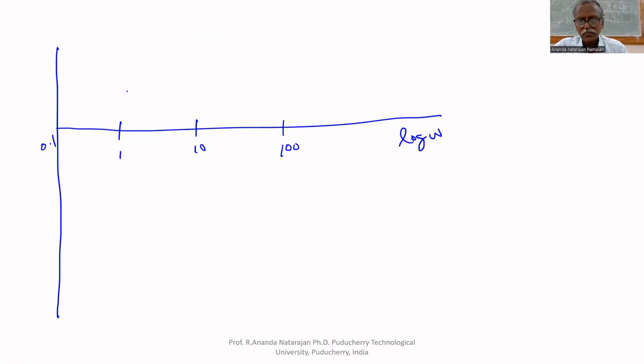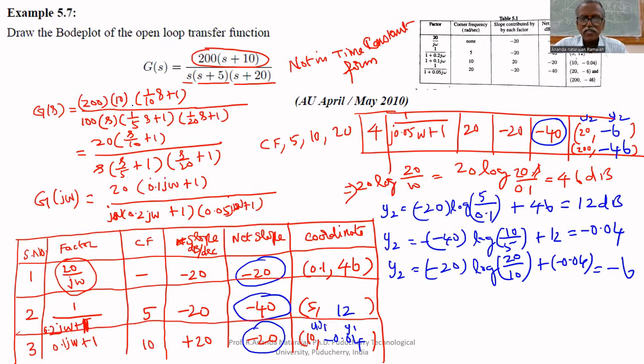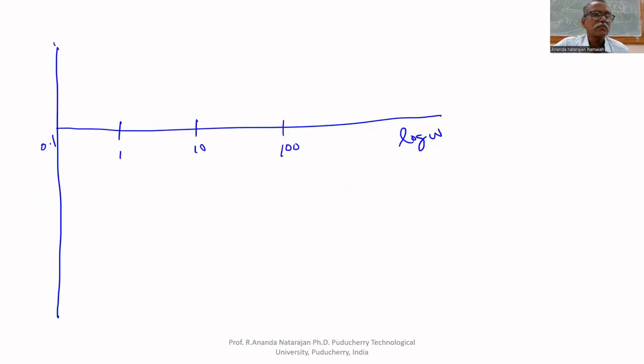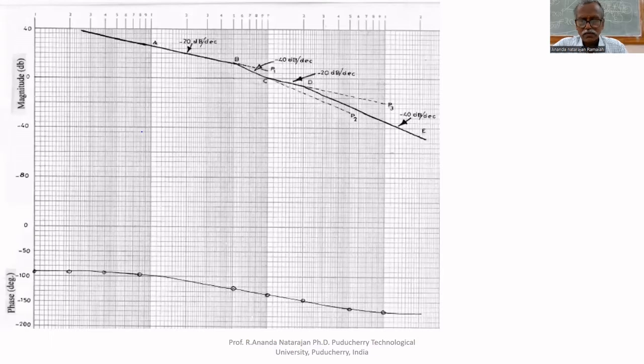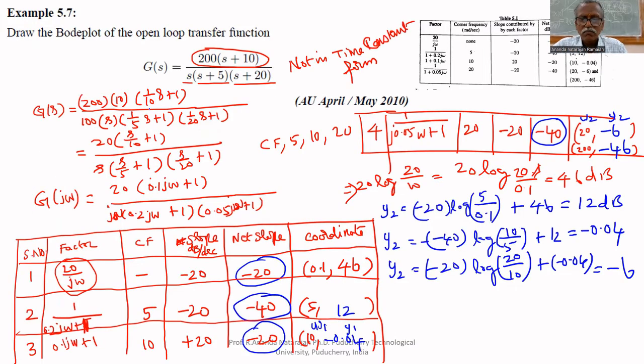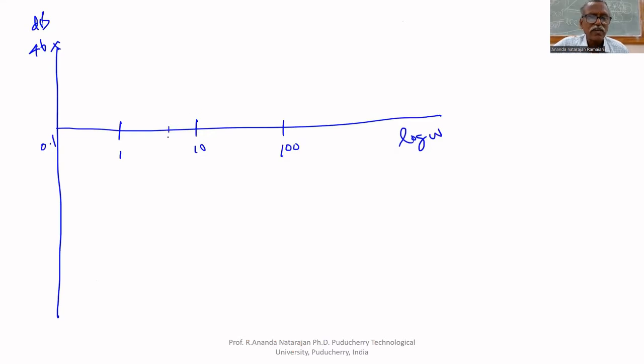What are the coordinates? 0.1, 46. Then 5, 12. 5 will be around here.